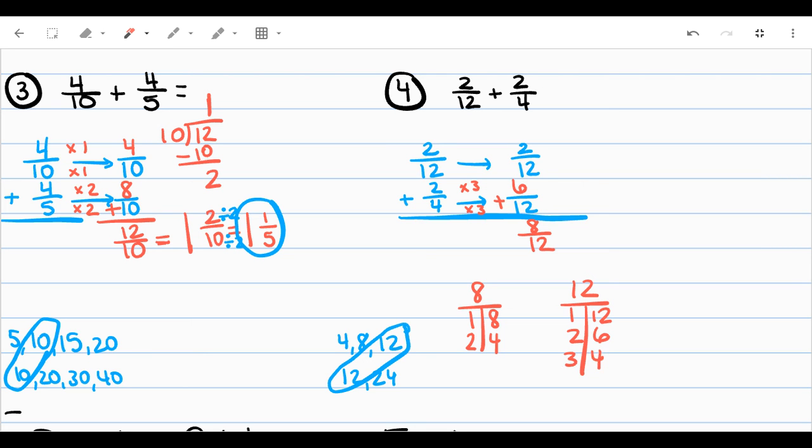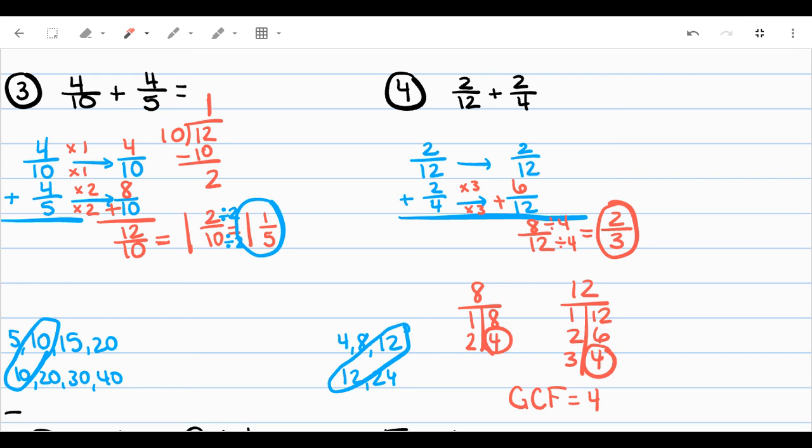I see that my greatest common factor here is 4, so I can simplify this fraction by dividing both the numerator and the denominator by 4. So 8 divided by 4 equals 2, and 12 divided by 4 equals 3. So my simplified fraction would be 2/3.